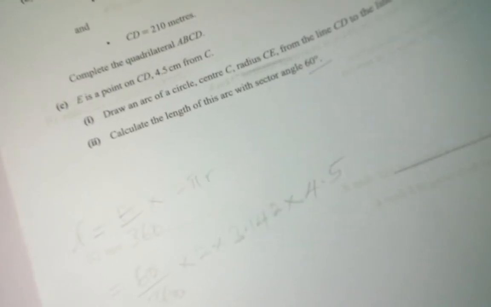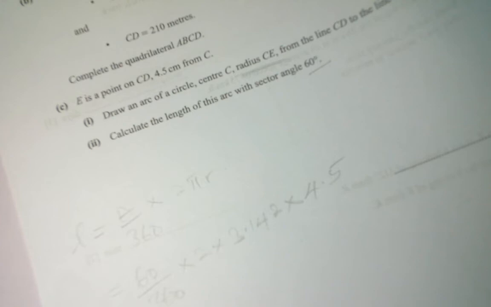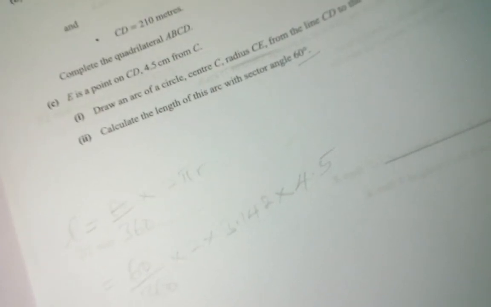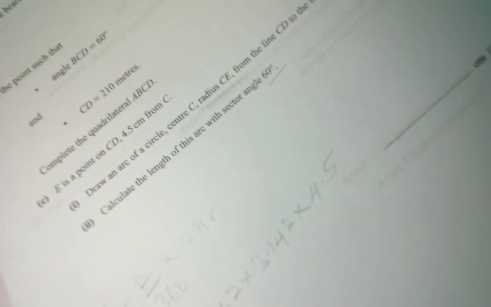So 60 times 2 times 3.142 times 4.5 is 1696.68, and divided by 360 degrees, that is 4.7 approximately. So the length of the arc is 4.7 centimeter approximately.